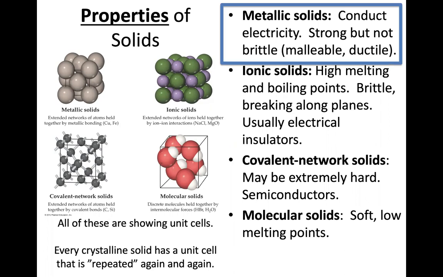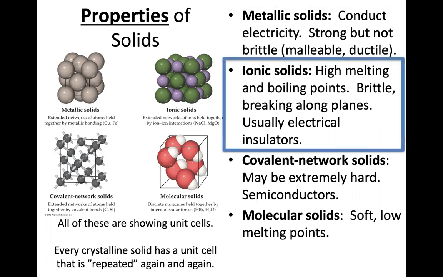They can be quite strong with high melting points, but they're not brittle. Not brittle means you can change their shape easily. Ionic solids also have quite high melting and boiling points. However, they are brittle. They break along planes, and they are insulators rather than conductors of electricity.